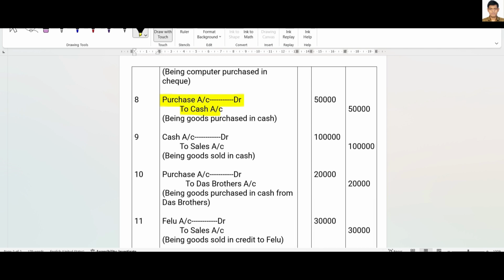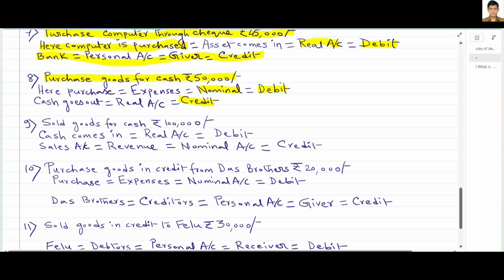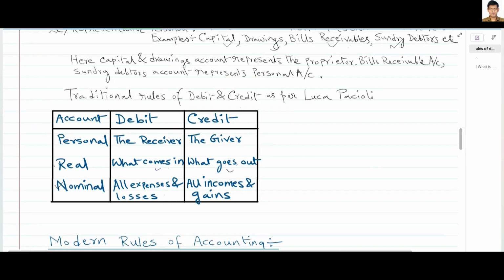Now come to the next journal entry: sold goods for cash rupees 1 lakh. So here we are selling goods for cash. Cash is a real account, and during the time of sale, cash is coming into our business. We are selling goods to some customer and he is paying us in cash, so cash is coming in, and as per the real account rules, what comes in is debit.